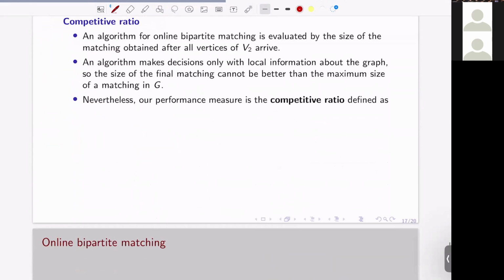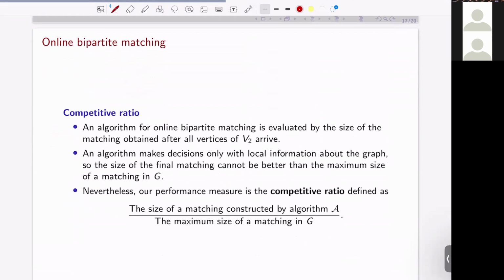The comparative ratio is defined as follows. It's a fraction of two quantities. Its denominator is the maximum size of a matching. In fact, we know that it can be achieved by an augmenting path algorithm. And the numerator is the size of the matching that my online algorithm computes. I want to measure this ratio.